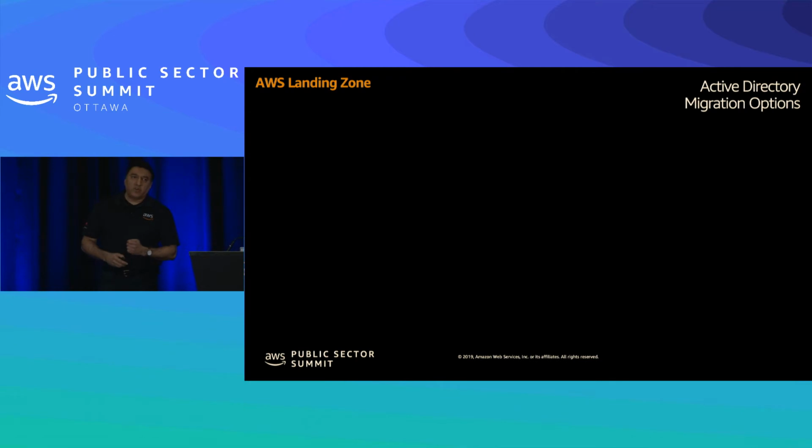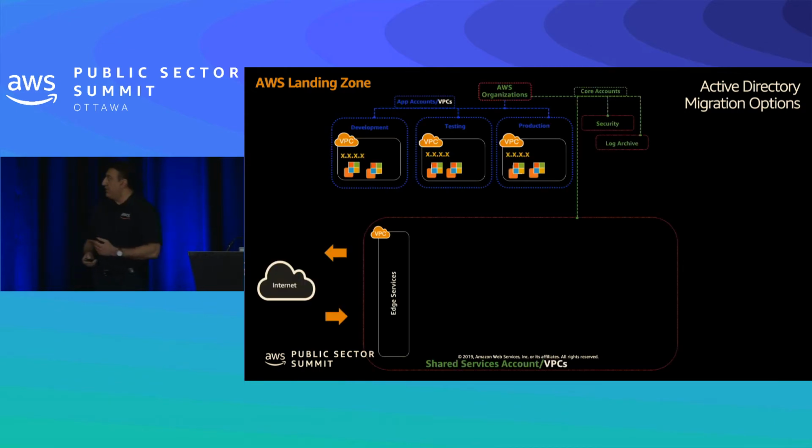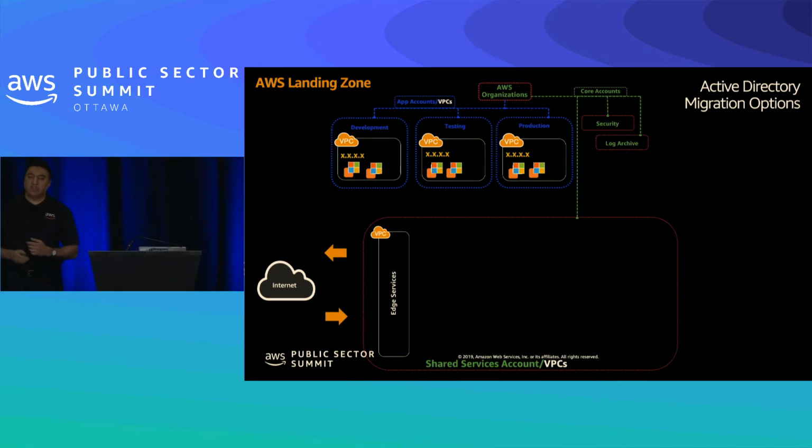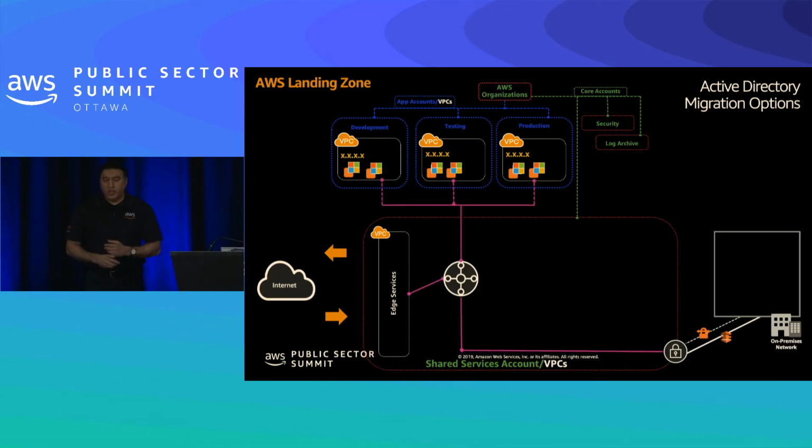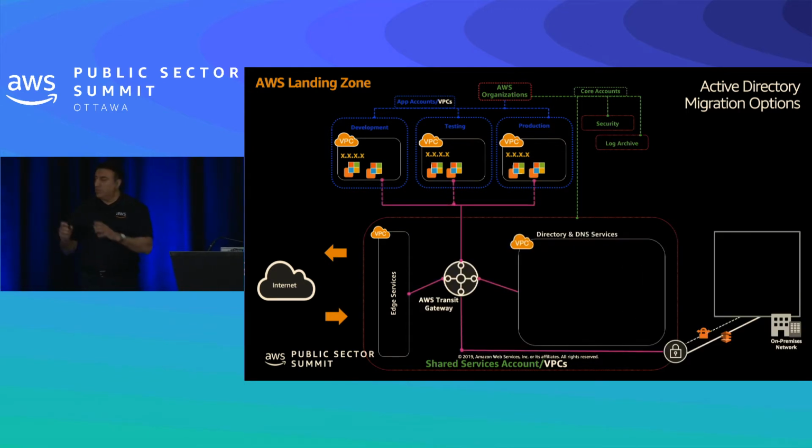Let's talk about Active Directory. Very critical for Microsoft workloads before, during, and after the migration. Let's talk about what options we have for Microsoft Active Directory. So I'm going to squeeze over the Edge Services VPC on the side. We would drop in the transit gateway, and then we'll zoom in on the directory services piece.